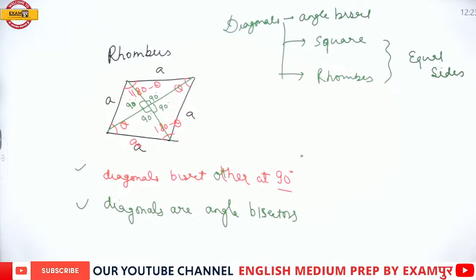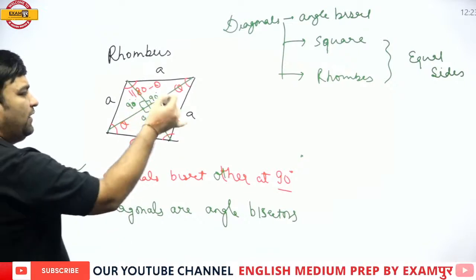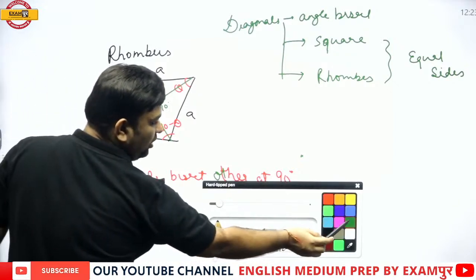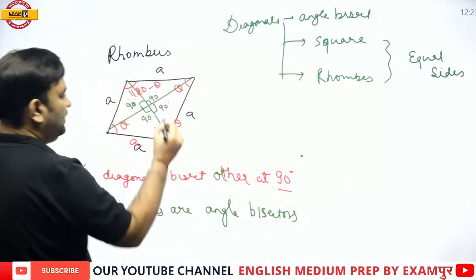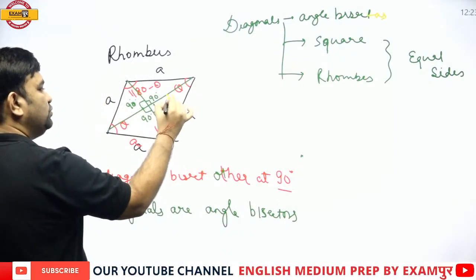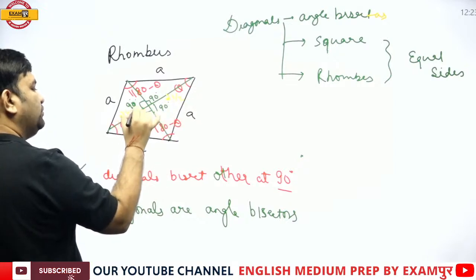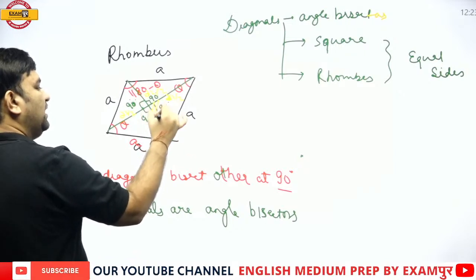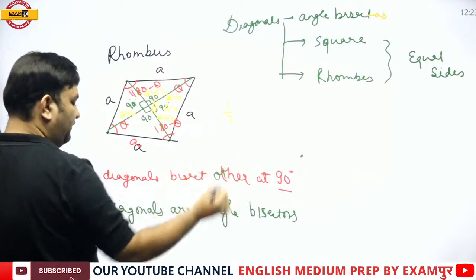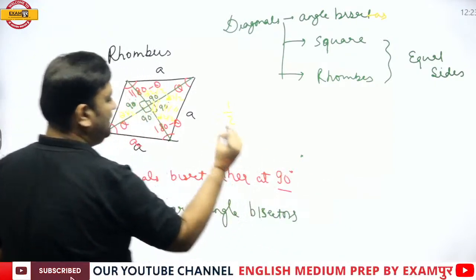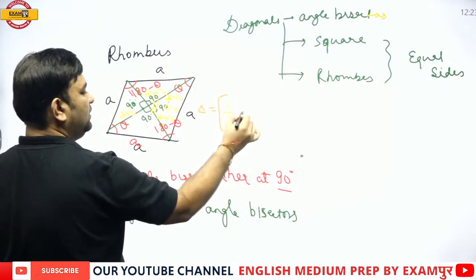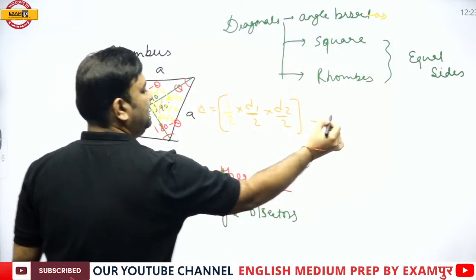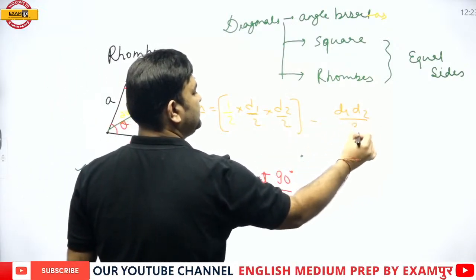All these are four right angle triangles. If I take this as diagonal 1 divided by 2, this diagonal 1 divided by 2, this diagonal 2 divided by 2, and this diagonal 2 divided by 2, then the area of a single right angle triangle is half into d1 by 2 into d2 by 2, which is d1 d2 by 8.